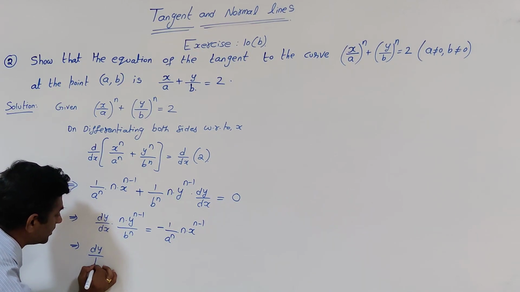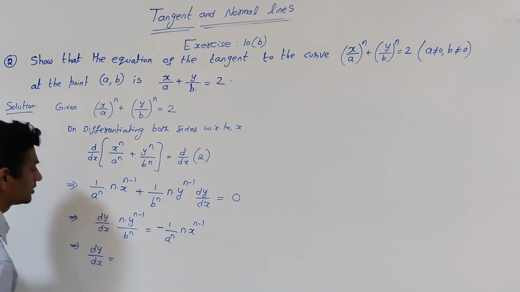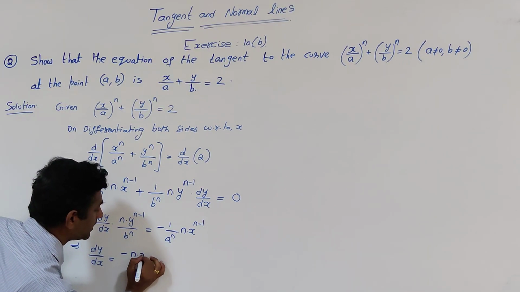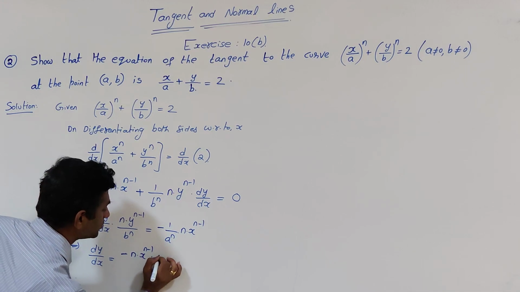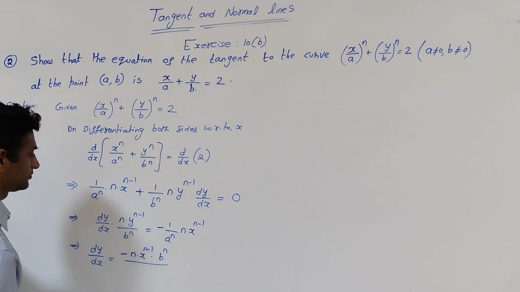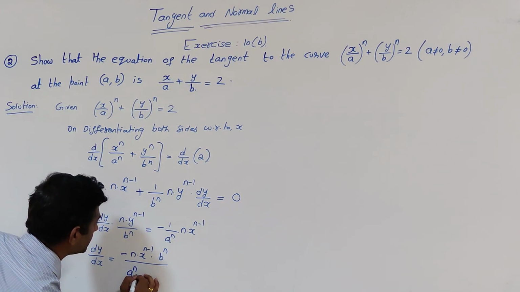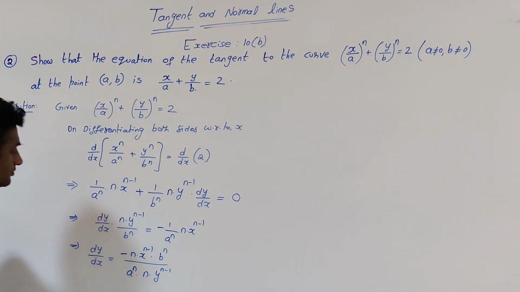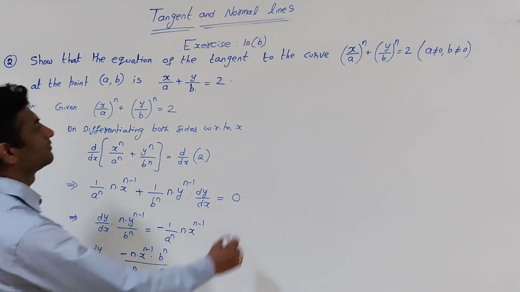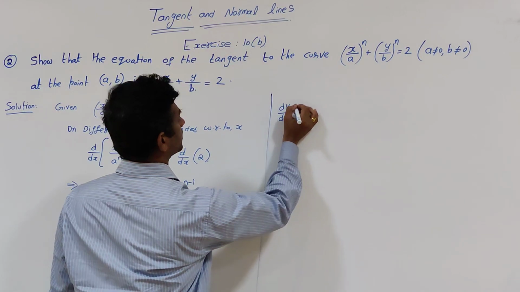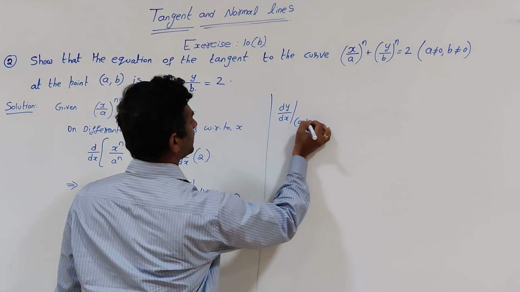dy by dx is equal to what? It will be minus n into x^(n-1) into b^n by a^n into y^(n-1). The n gets cancelled, and we'll see dy by dx at (a, b).